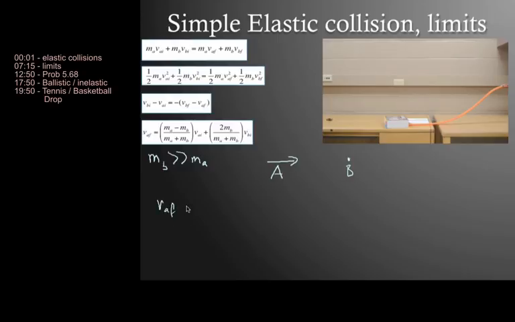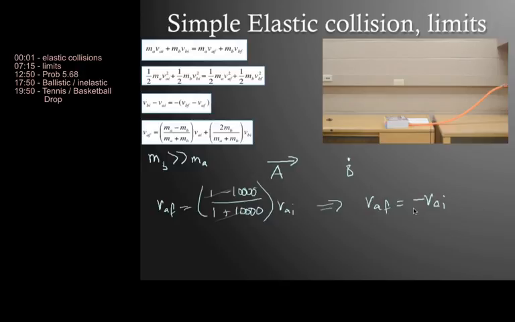So when we look at VA final, we're going to plug in maybe a really big number for B and a really small number for A. And so you can see that this is going to give you 1 over 1. And so then what we expect is that VA final is going to be minus VA initial.